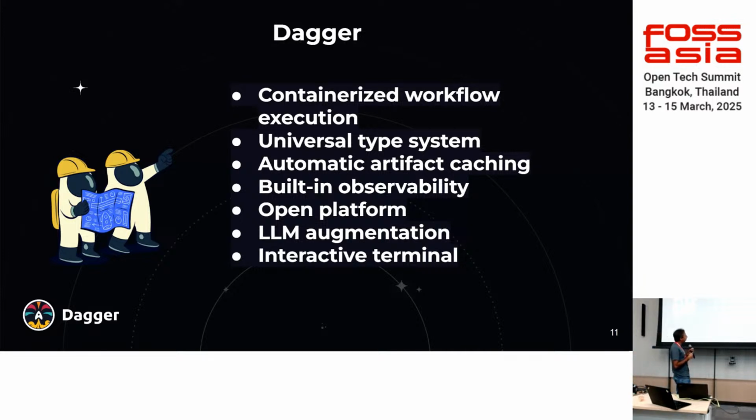In Dagger, we have what we call a universal type system. Your Dagger workflows are made up of functions and modules, and those functions and modules can be written in any language. Not only can they be written in any language, but you can plug and play those modules to create your workflows.